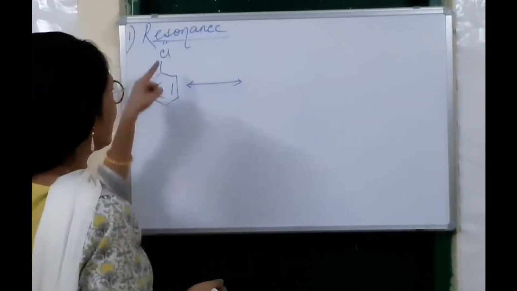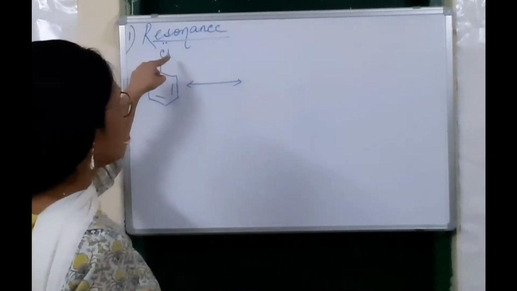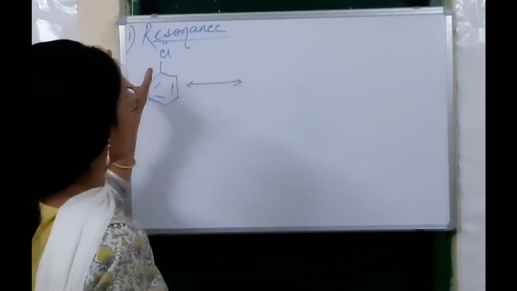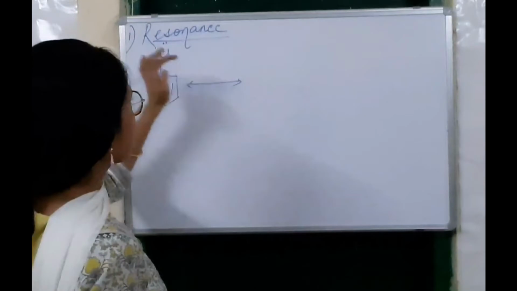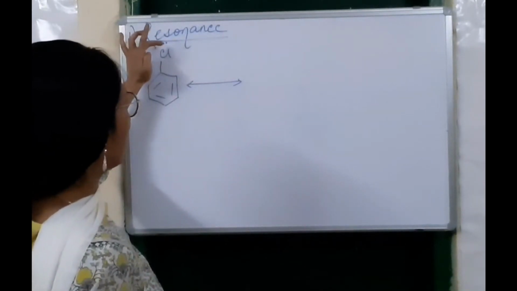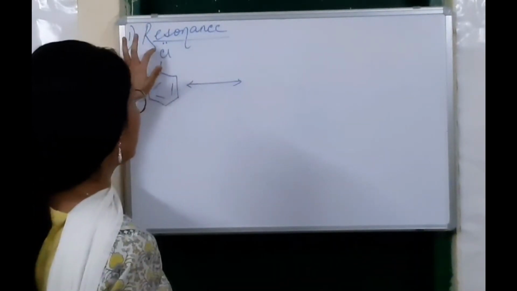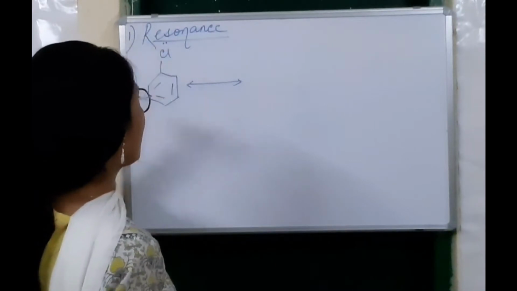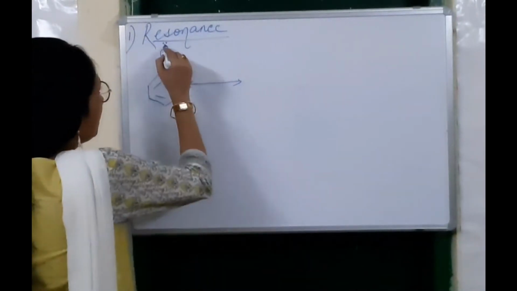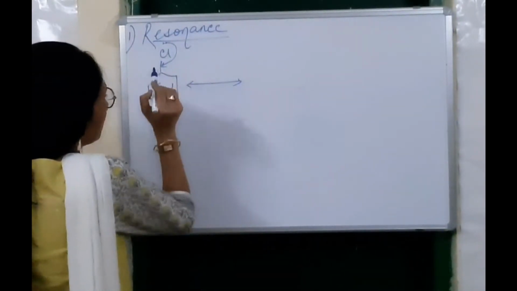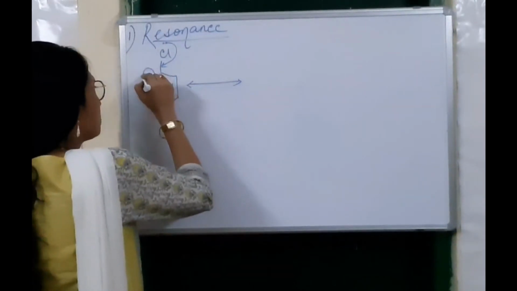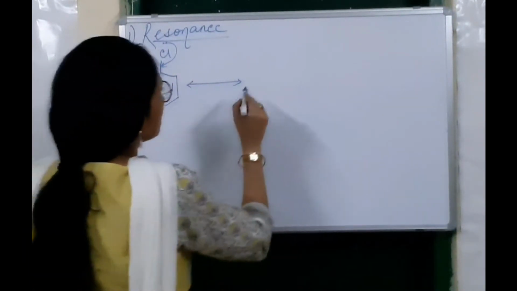We know that Cl will have how many lone pairs here? 3 lone pairs. Now, for showing the resonating structures, at present I have drawn here only one lone pair. But here you have another lone pair, here another lone pair. Now this will come here and this bond will be broken.